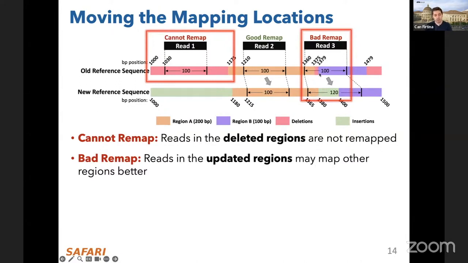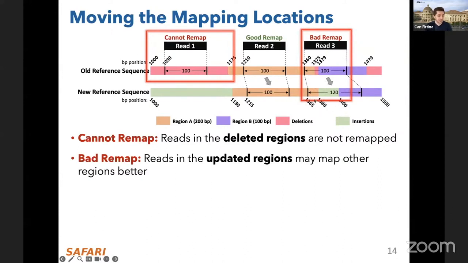This means that that particular read was aligned to that particular region in the old reference genome by taking into account all the differences between this region in the reference genome and the read. But now there are newer differences, meaning the alignment score that we calculated would have changed if we aligned this read to that region again.